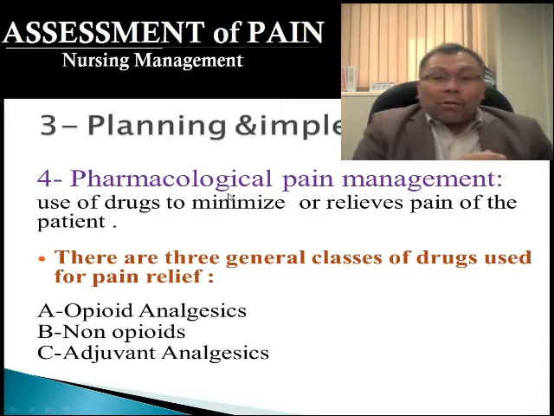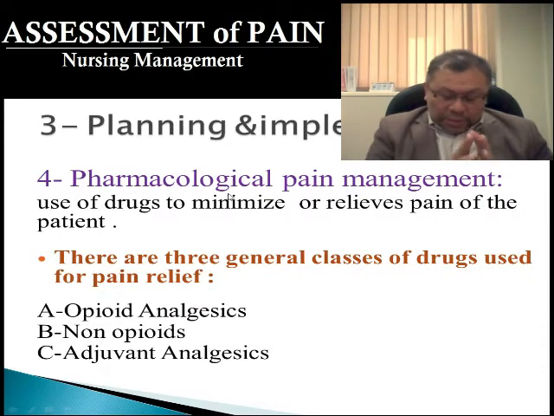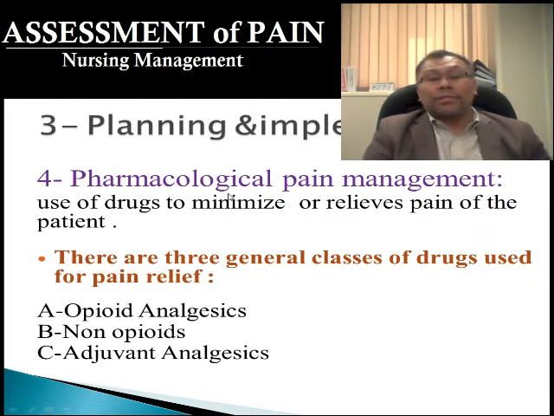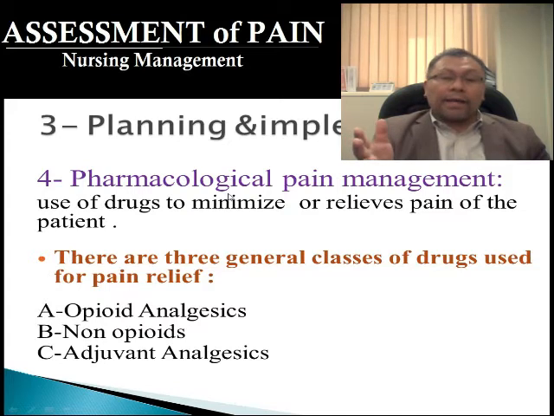So for the pharmacologic pain management, of course, this is what we call a dependent intervention by the nurse. We are going to rely on the prescription of the physicians, and then we are going to administer it to relieve the pain of the patient, especially patients suffering from cancers or sickle cell anemia, any other disease where pain constantly exists.